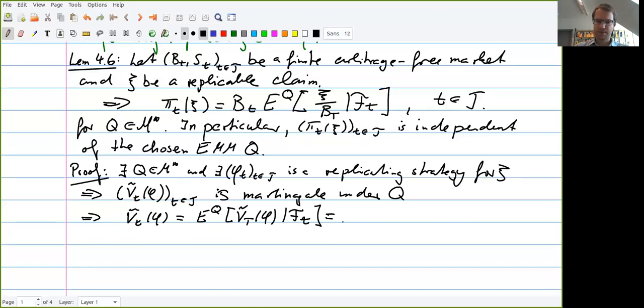And now, this phi was a replicating strategy. So this here is nothing else than the discounted value of the claim conditioned on F_t. And this holds, of course, for all t in [0, T].